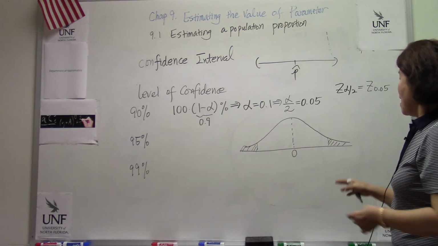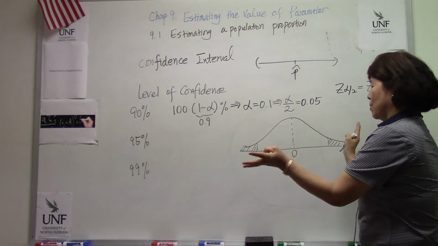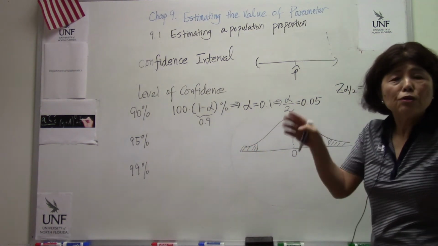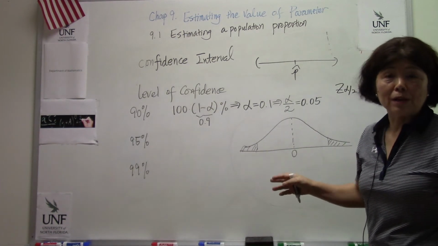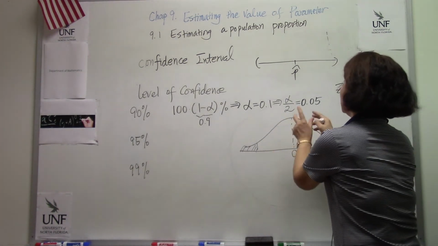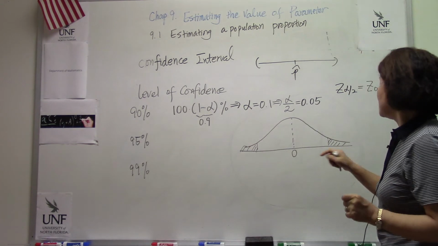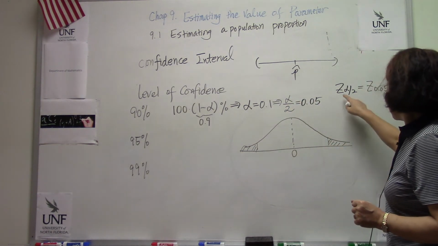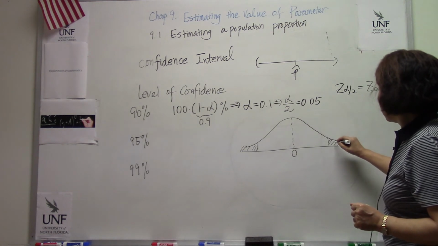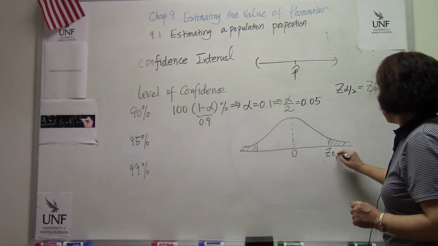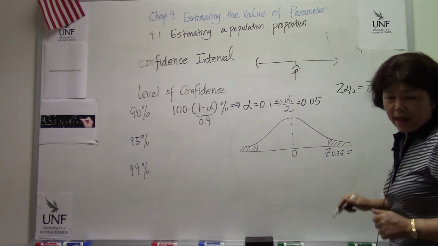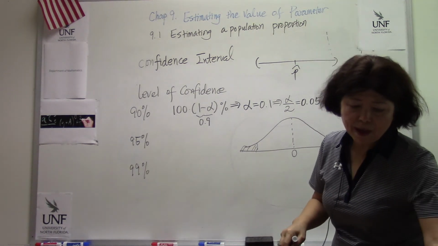These are the unusual cases that we do not want to look at, and going inside gives the most reasonable ones. That's why we divide by 2. So this is z sub 0.05, and we are going to use this many times.